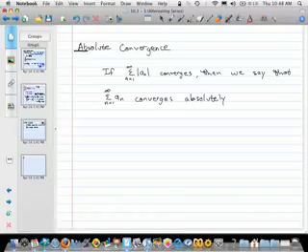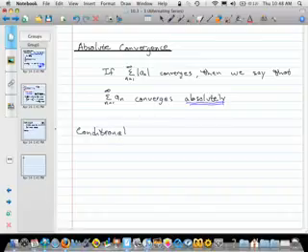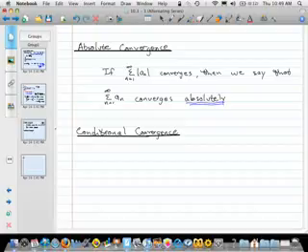And the other one, and I'll talk more about it in the next segment, is conditional convergence. We're going to have to come up with a couple more tests for conditional convergence, but it won't be so hard.